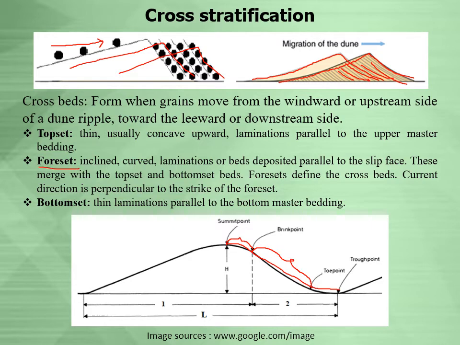And lastly, again, the lee side becomes gently inclined, that is restricted from the toe point to the trough point. This portion is known as the bottom set. So my entire lee side is divided into three parts: the top set, foreset, and bottom set. Among the top set, bottom set, and foreset, the foreset portion is the steepest portion.